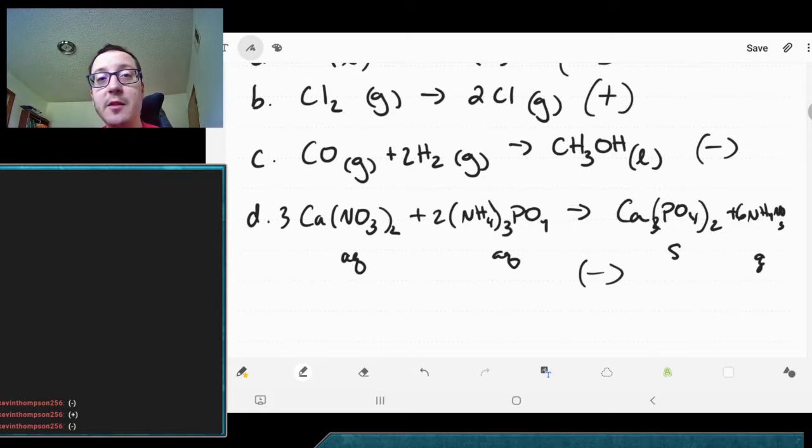That's going to end up being entropically unfavorable. We'll probably remember also that dissolving solids is entropically favorable, so perhaps that makes a little bit of sense there. Alrighty, let's see. Any questions on that before we do some more?